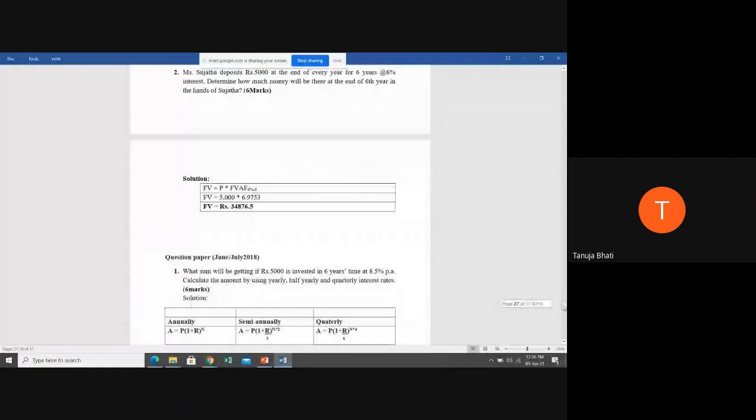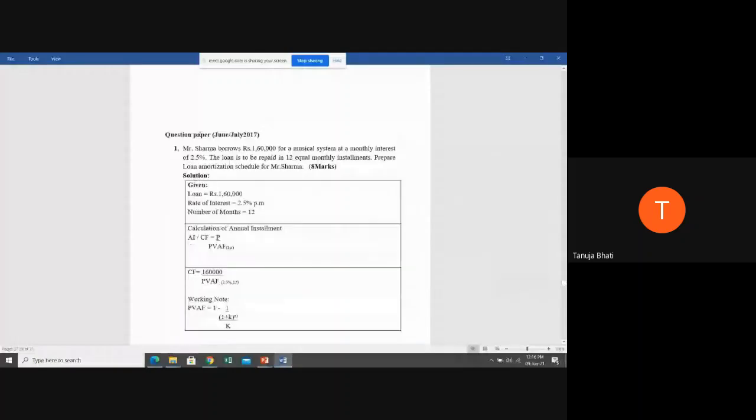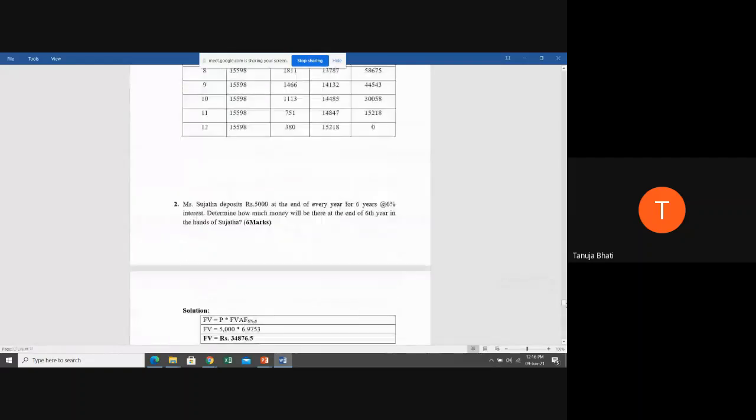Okay. So did everyone understand all the questions that we covered in the question paper relating to June, July 2017? Yes, ma'am. See, students, the questions are very simple, but students take these values from different tables. First of all, they do not know which table number is to be used.